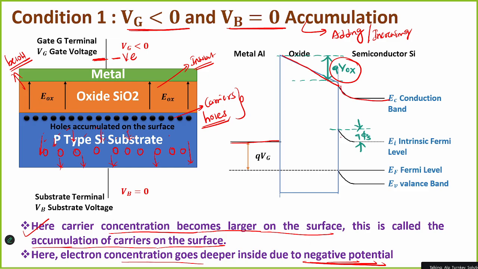So this is about accumulation. You get accumulation when you apply Vg less than 0, that is, negative voltage.